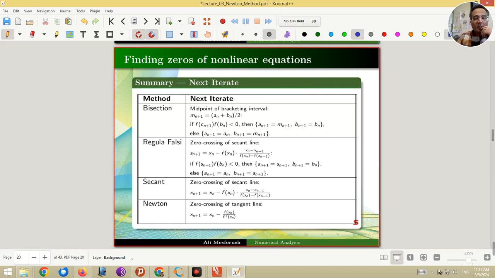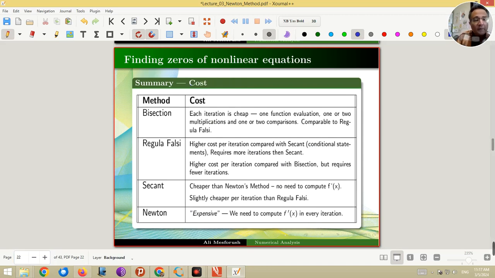Now, let me compare them, for example, by iterations. This is the technique of the bisection method. This is a summary, in fact. This is the secant method, and this is the Newton method. Now, about the cost of the numerical methods.